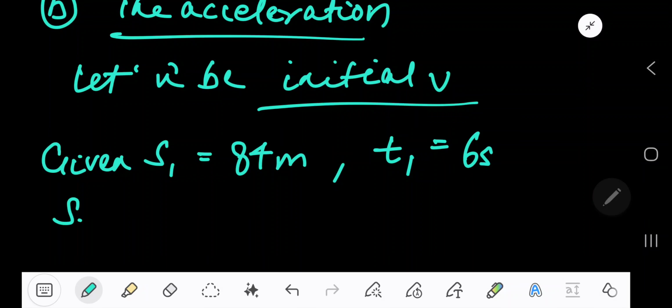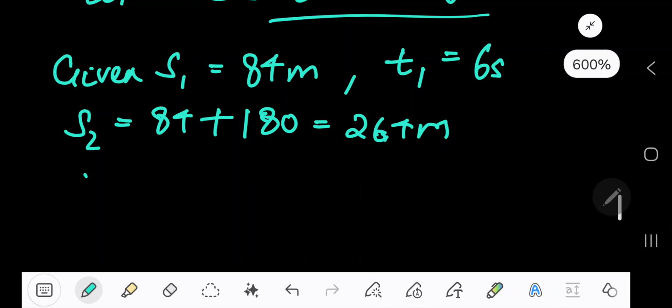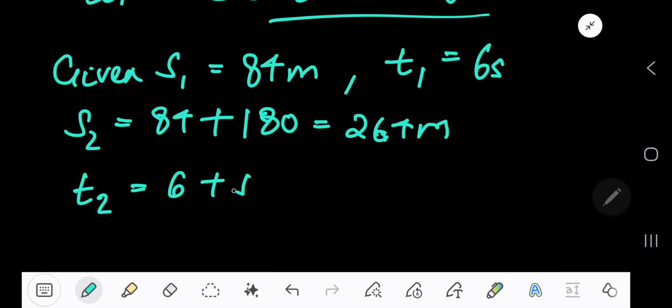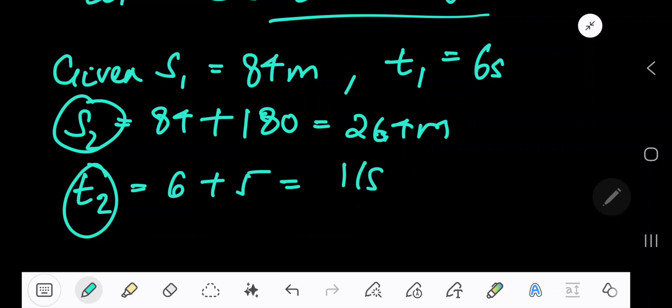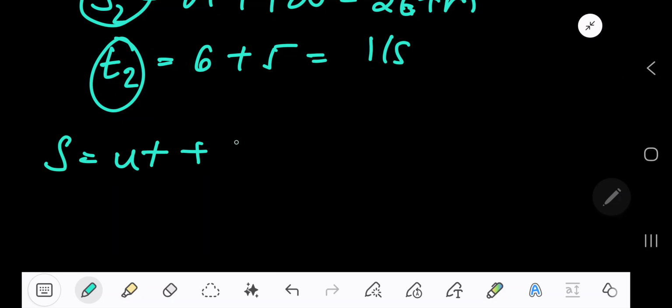And s2 equals 84 plus 180, which equals 264 meter, the total distance, and time 2 equals 6 seconds plus 5 seconds, which equals 11 seconds, which is the total time and the total distance. So from the equation, s equals ut plus half at square.